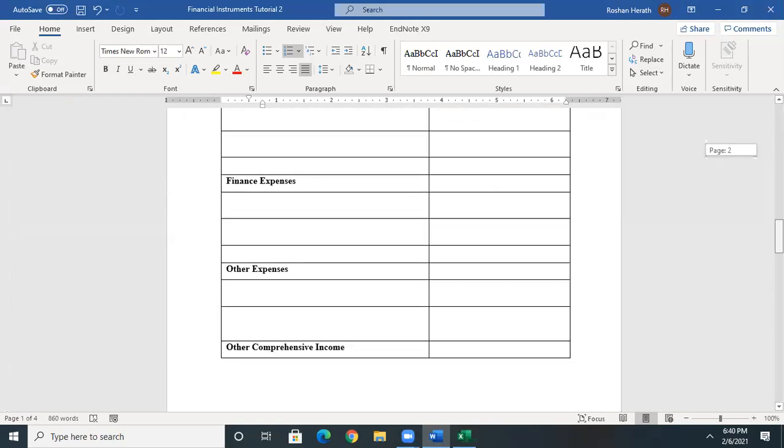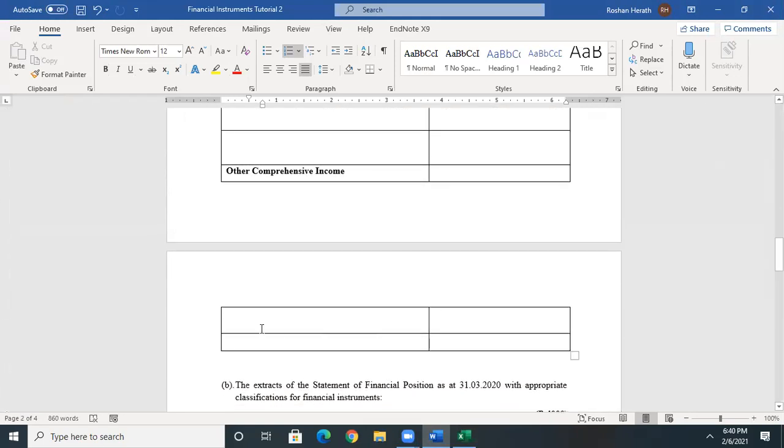So if I go to the extract under the other comprehensive income, you need to show that gain on remeasurement of financial asset at fair value through other comprehensive income.